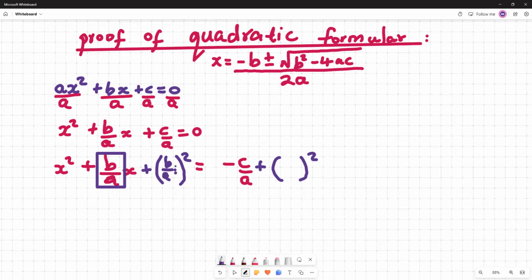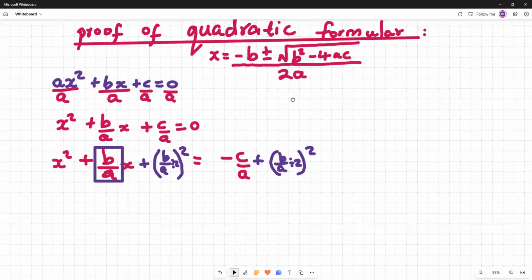So we're going to divide this by 2. And then same thing here. You have b over a, and then you are dividing by 2. Let me write it like this. So divided by 2. Okay. So I added the same thing to both sides of the equation, so I haven't changed the meaning of the original equation. Okay. Let's keep on going.